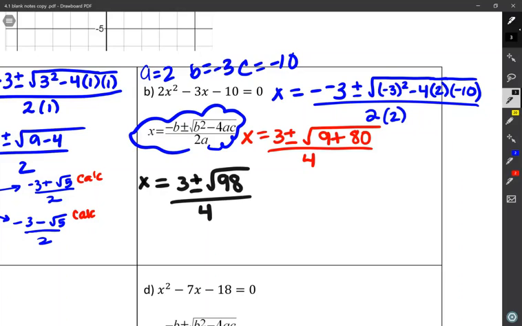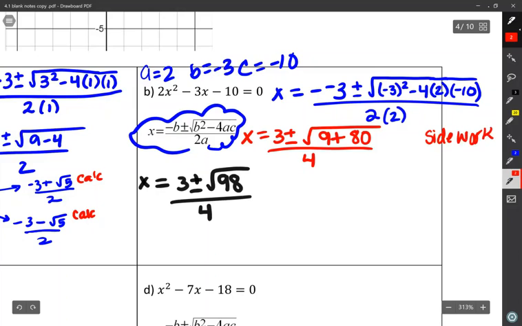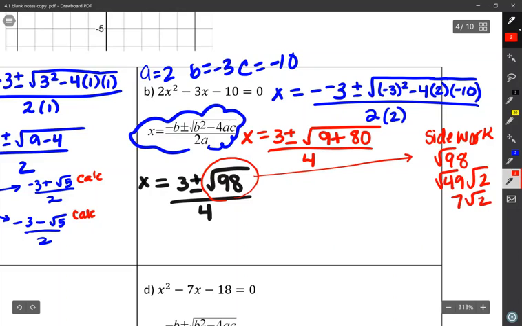Now that looks good, but I will actually mark that wrong. You have to be careful and see if you can simplify your square root. So sometimes I'll do side work to simplify the square root of 98.